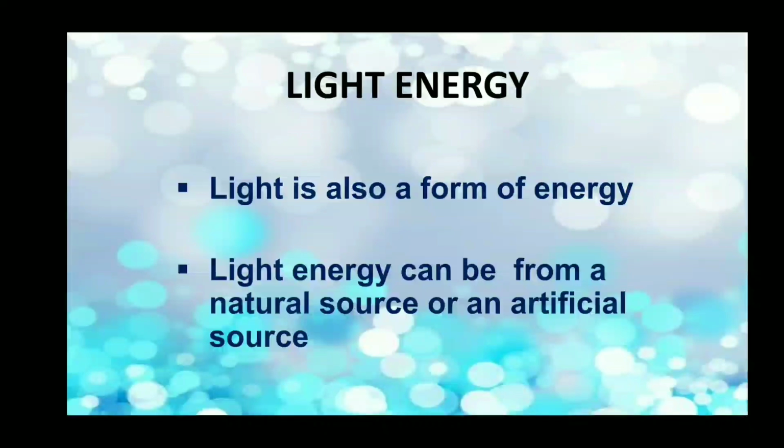Now let's see light energy. What is light energy? The energy that we get from light is called light energy. We get light energy from a natural source or an artificial source.